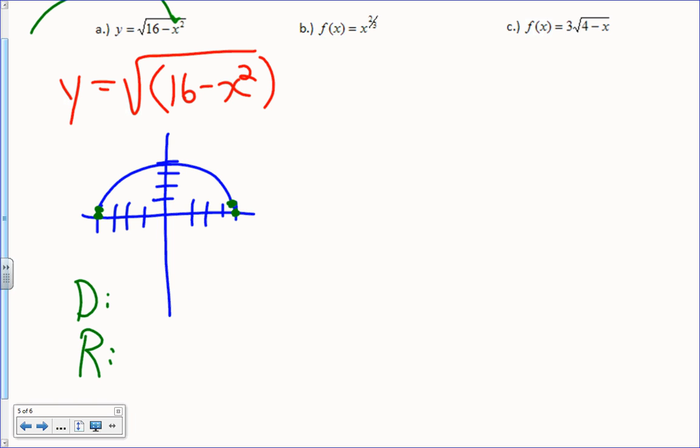All right, so domain, now that we've seen the graph, so again, sometimes you have to only take that calculator for what it can do, all right? And so here I know that I can go from where to where. What's my domain here? What are values that are actually giving me a response?